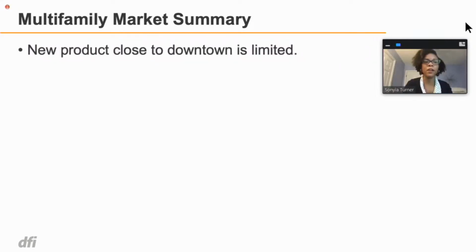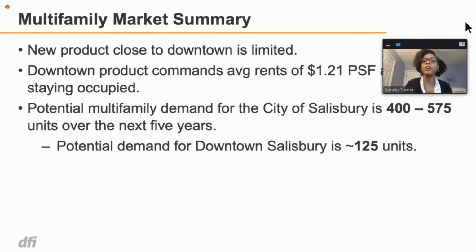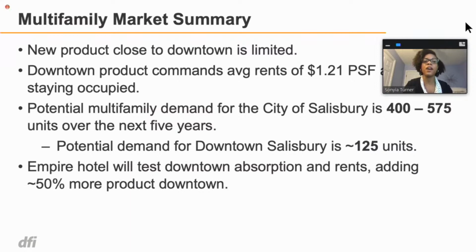So just to summarize, new product close to downtown is limited. Average rents for downtown are $1.21 per square foot, and we heard from the different individuals we spoke with that these units are staying occupied. We see potential multifamily demand for the city is 400 to 575 units over the next 5 years, with the potential demand in downtown of 125 units over the next 5 years.